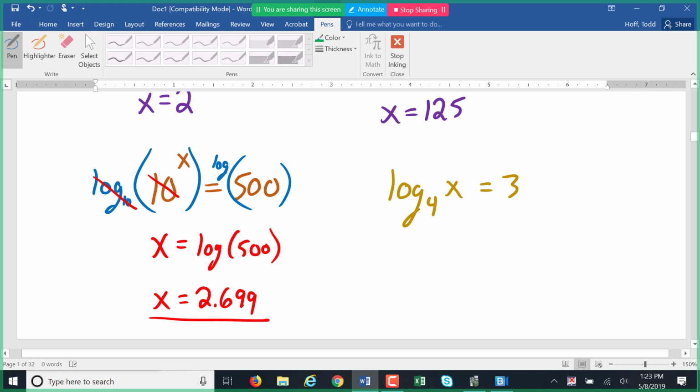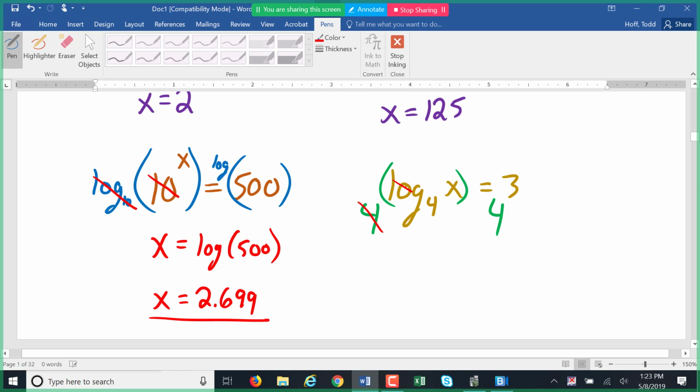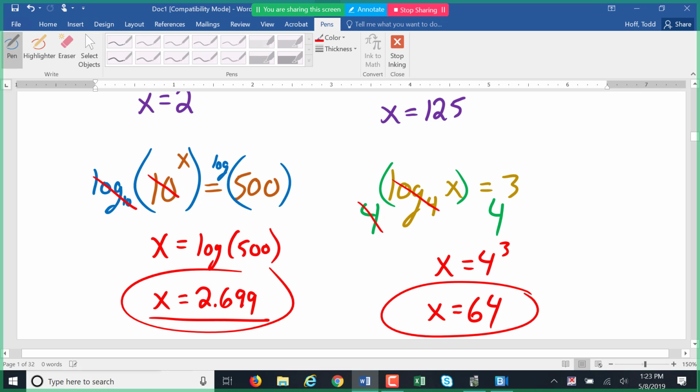The inverse is taking 4 to that power. 4 to the power of log base 4 of x. The 4 to the power of and the log base 4 cancel out. We have x equals 4 to the third power. So x equals 64. So it's just another pair of inverses that we can use for solving equations.